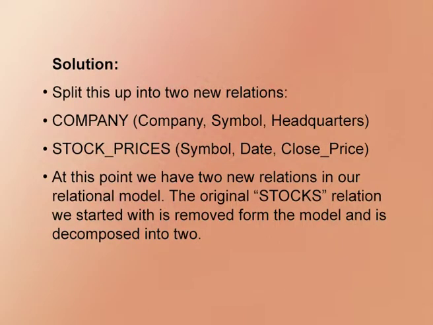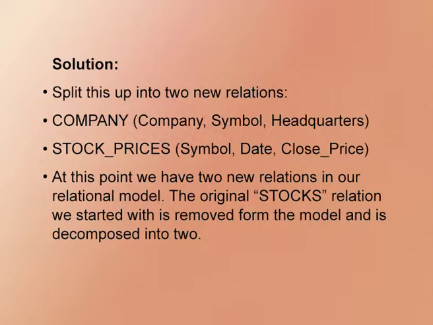So, the solution is to split this up into 2 different relations, one as the company and the second as the stock prices. The complete stocks relation we broke down into 2 relations, company and stock prices.